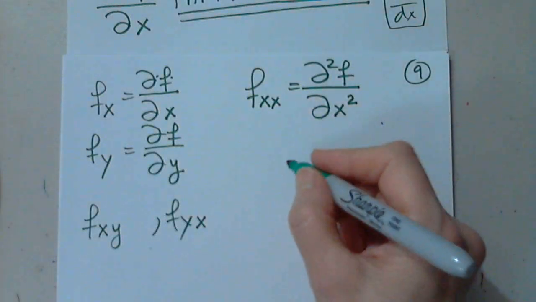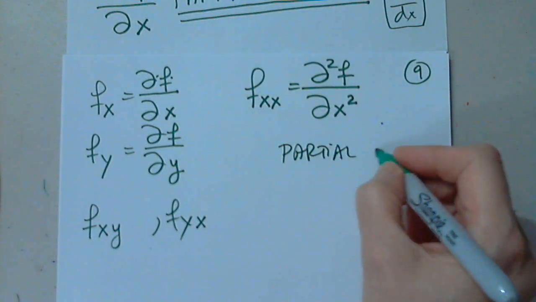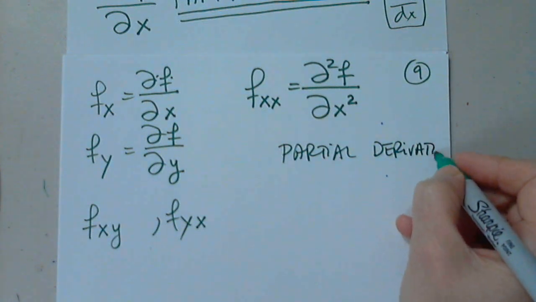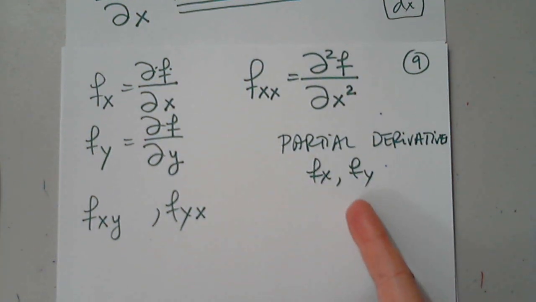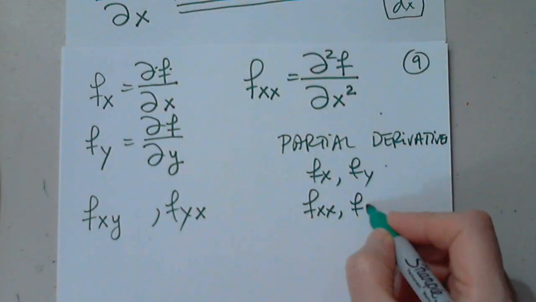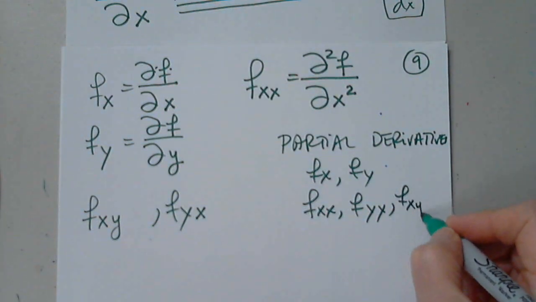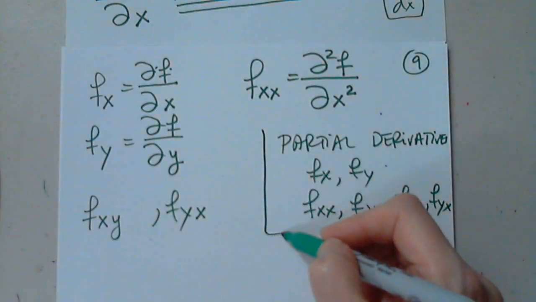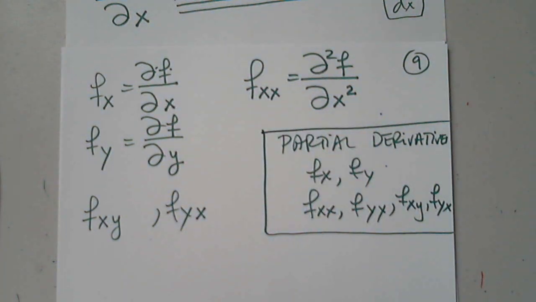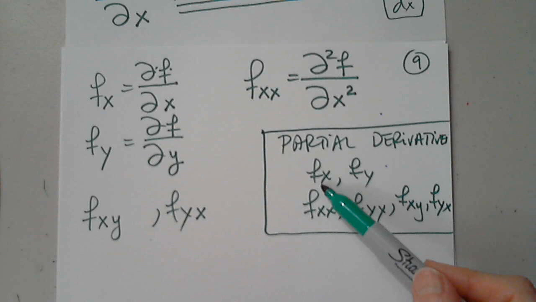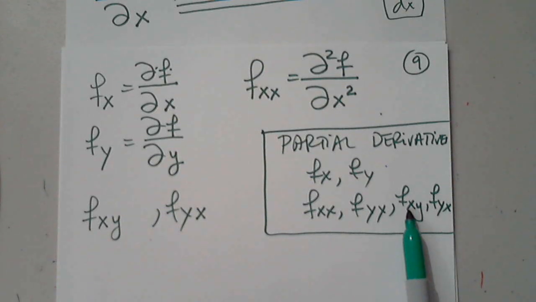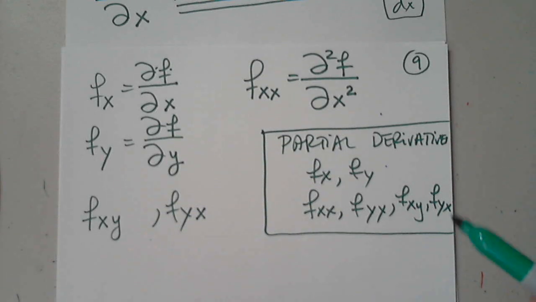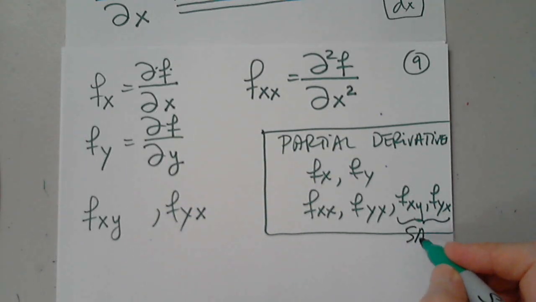So basically what we have here in general, partial derivatives: fx, fy, first order; fxx, fyy, fxy, fyx. This is it. First order, meaning the first partial derivatives. Second order partial derivatives. These should be the same.